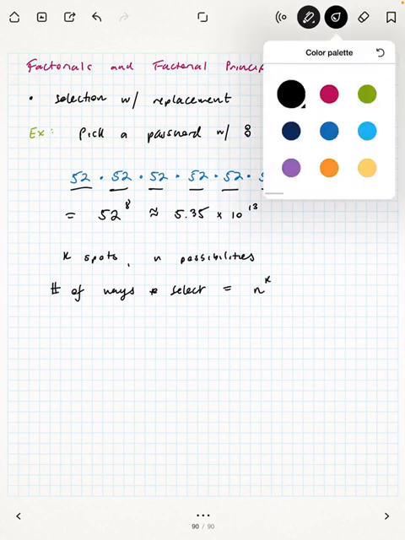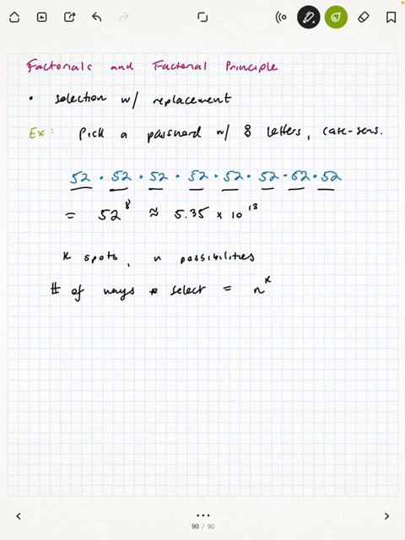So in this example, our n, our number of possibilities, was 52, and our k was the number of letters we were picking for our password.